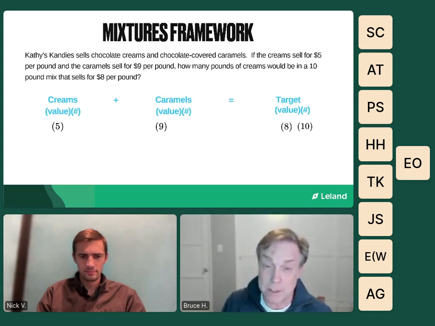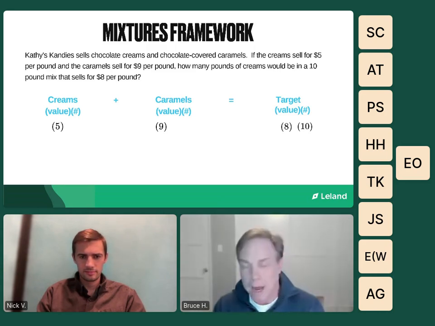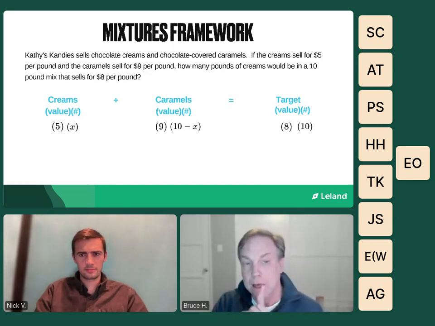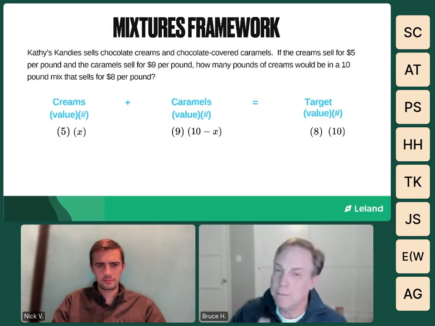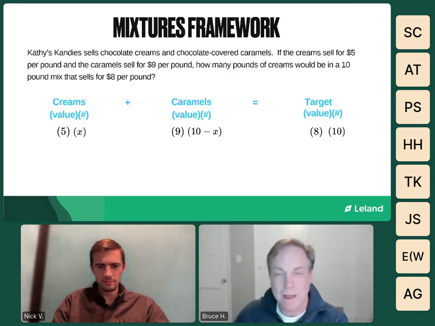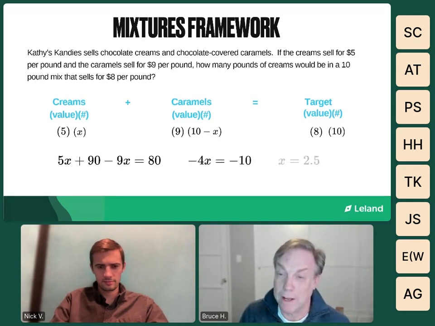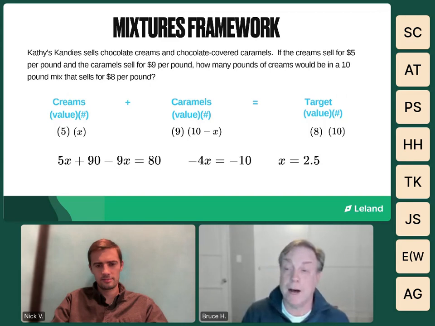How many creams? Well, we don't know. That's X. And the number of caramels has to be 10 minus X. The number of thing one plus the number of thing two always has to equal the number in the target. And at this point, it's pretty straightforward algebra. And you're going to find that X equals 2.5.